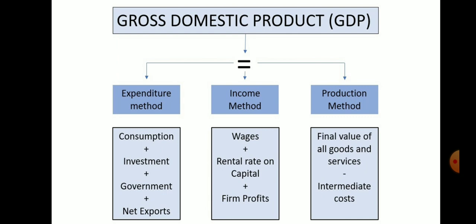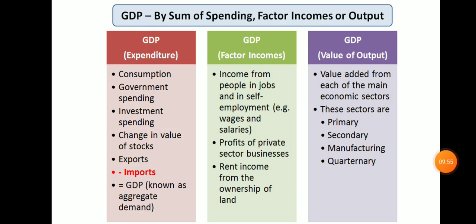When the intermediary goods are added, it is called double counting. So we have to subtract that intermediary cost. Only the final value of goods and services comes under this value added approach or production method.